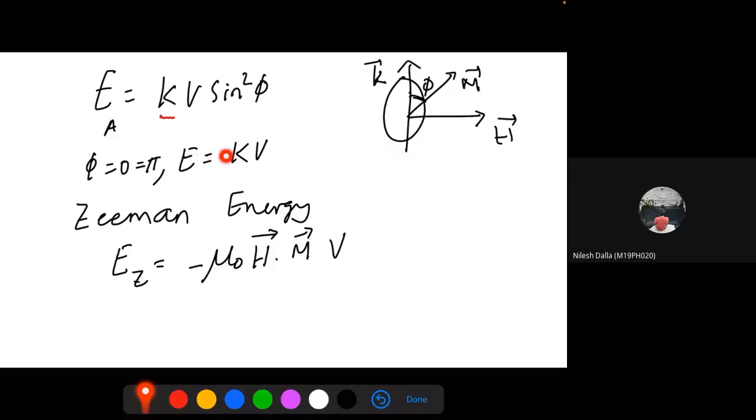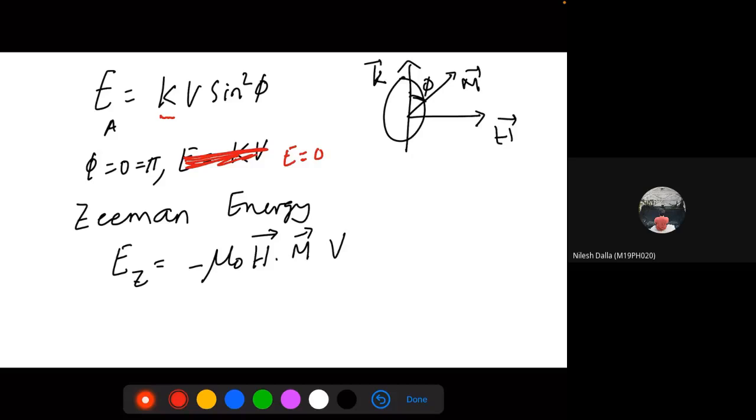So instead of this KV, E will be equal to 0, right? So that means there will be no extra magnetic energy introduced into the system if the magnetization is along the K axis, along the direction of your anisotropy.